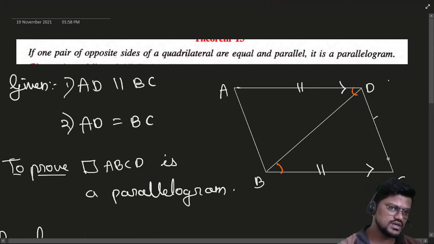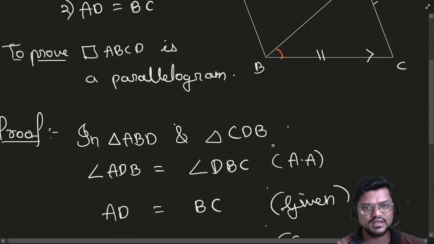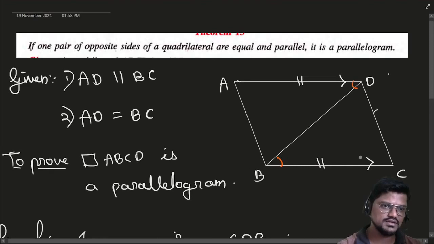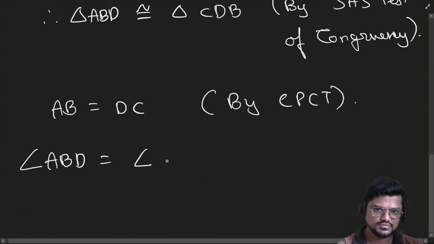Now, if AB is equal to DC, also I know that this angle will be equal to this angle. Why? Again, corresponding angles. Angle ABD will be equal to angle BDC. Again, by congruency.